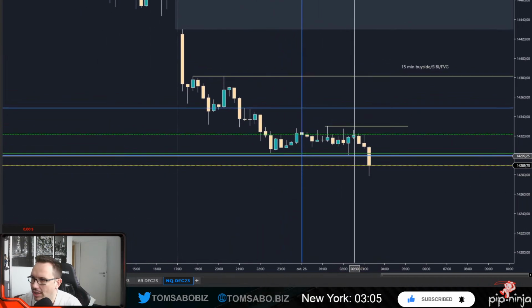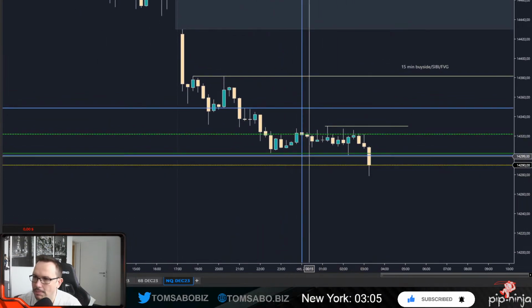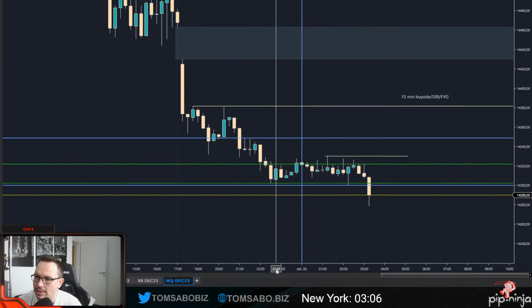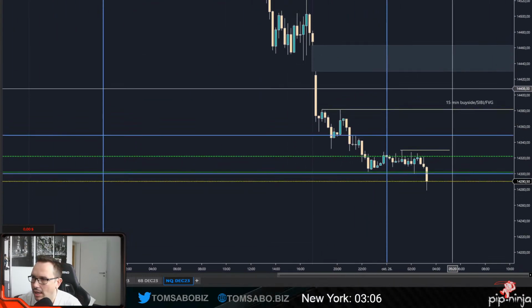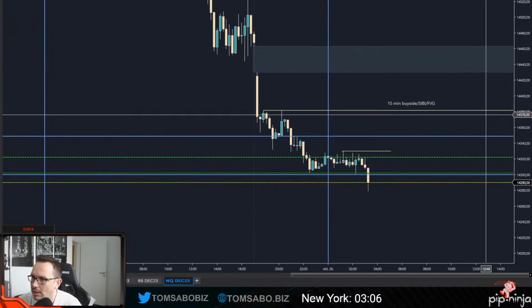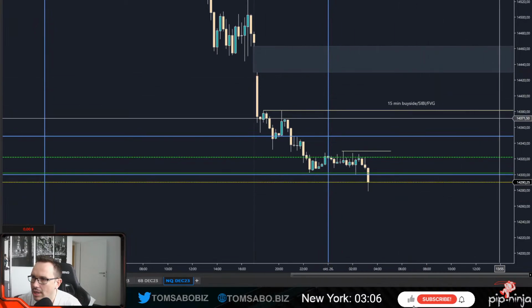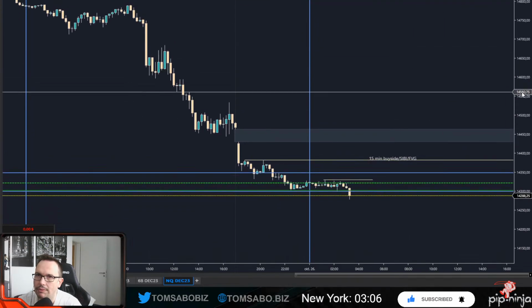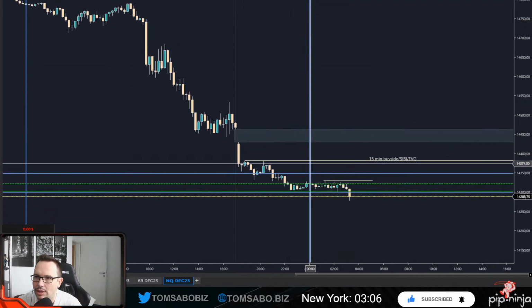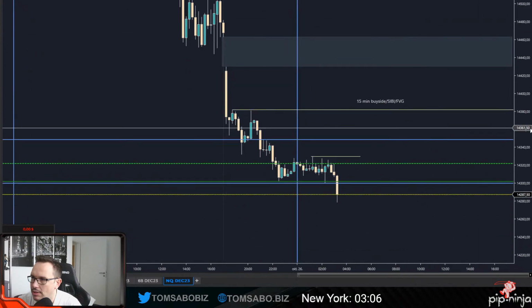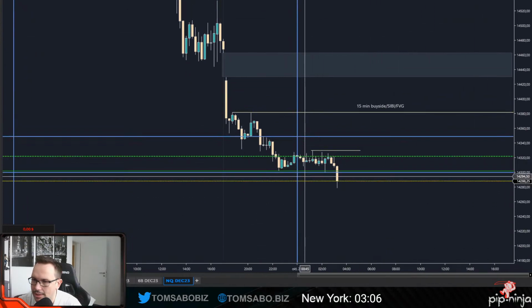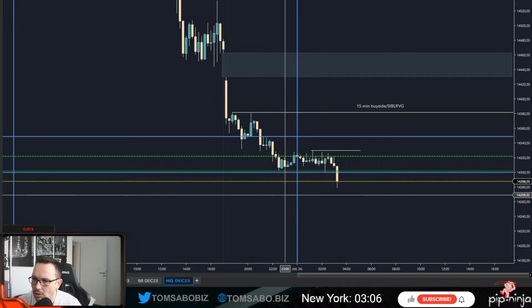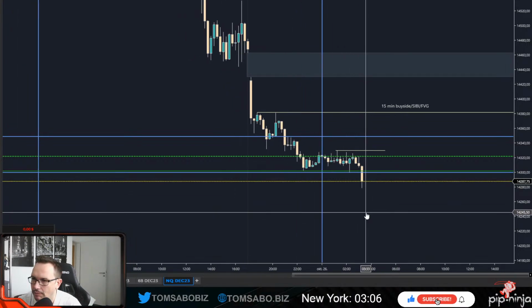So we broke every possible barrier yesterday, and this is going to be quite interesting. We have quite some imbalance and liquidity voids to fill up here on the 15-minute chart. If we look at it closer, we can see that we are definitely way below, like we're down deep on this one.